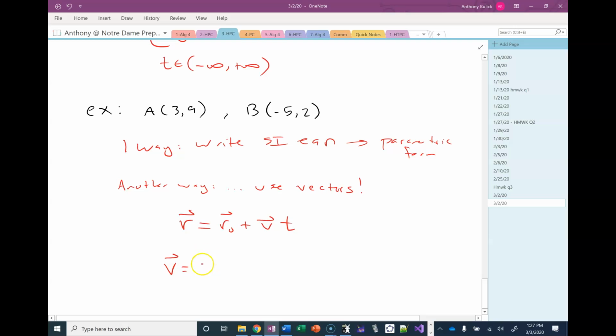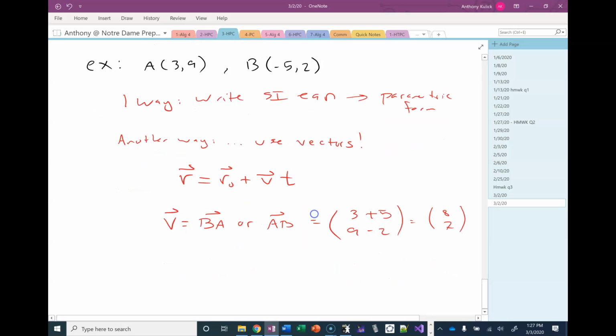So vector v, remember, is either the same as BA or AB, right?